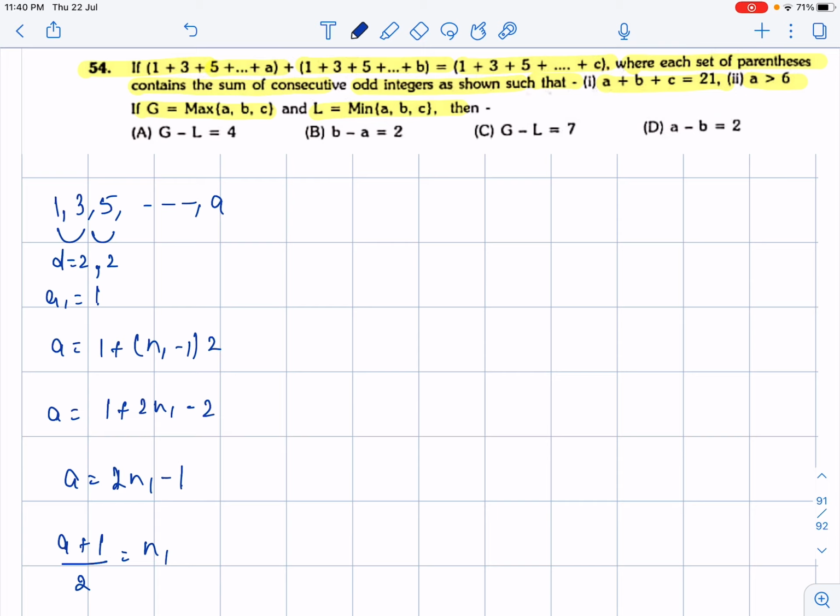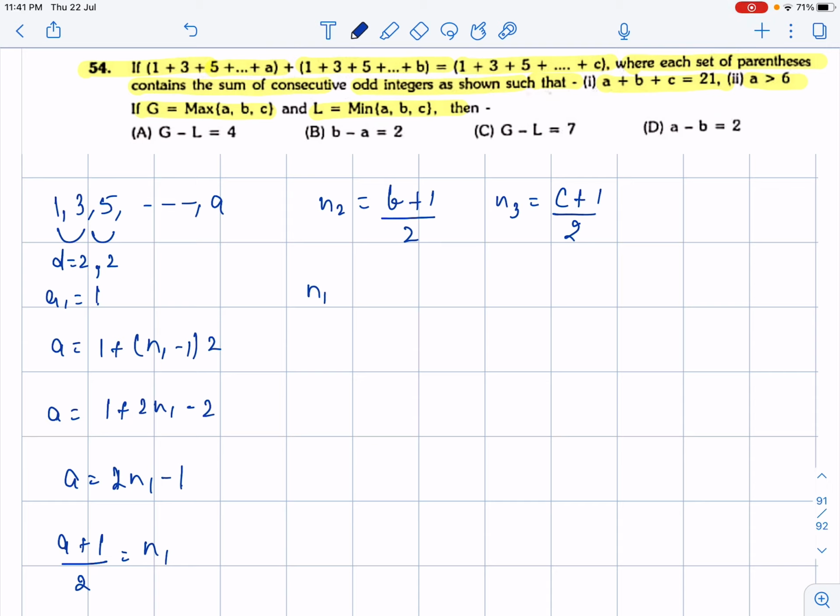Similarly, we get the value of n2, the number of terms in the second arithmetic sequence, as B plus 1 by 2. And similarly, n3, the number of terms in the third arithmetic sequence, will be C plus 1 by 2. Now we know the formula n by 2 times first term plus last term.